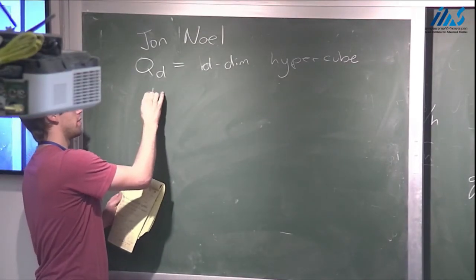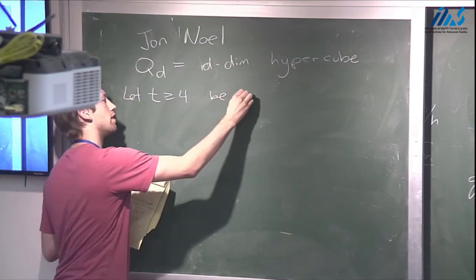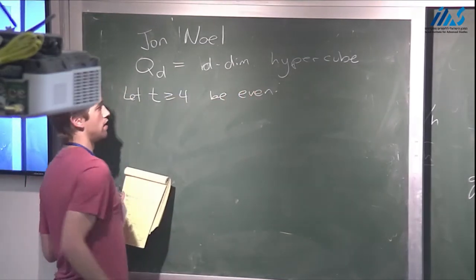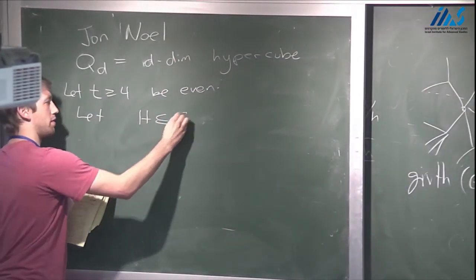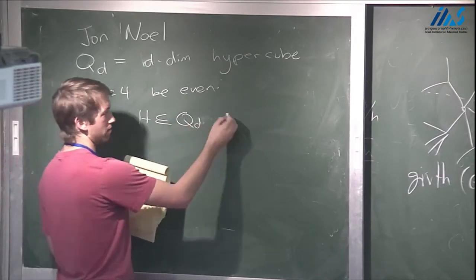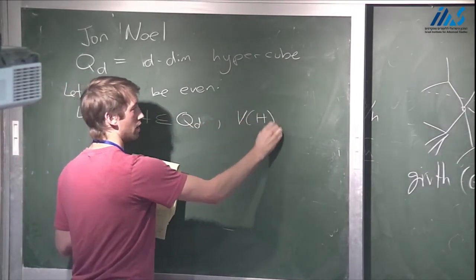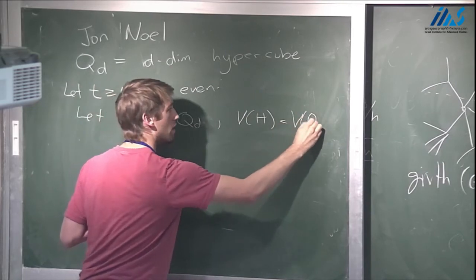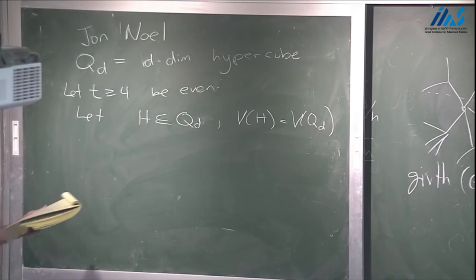Now let t at least 4 be even, and let H be a subgraph of Q_d, well, a spanning subgraph, so it's got the same vertex set.